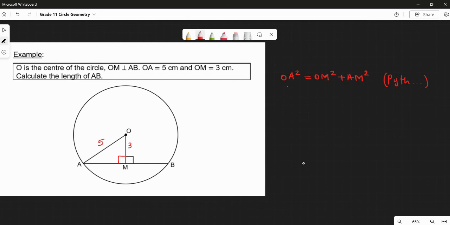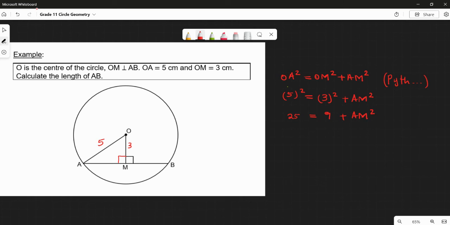Let's now replace our values there. OA is 5, then you square that, which is equal to OM, which is 3 centimeters, then square that, plus AM squared.